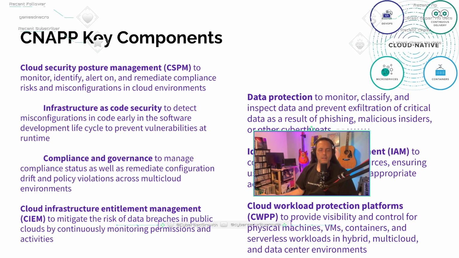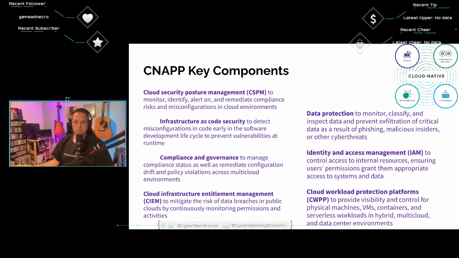The next key component is data protection to monitor, classify, and inspect data and prevent exfiltration of critical data as a result of phishing, malicious insiders, or other cyber threats. The fourth key component of a CNAPP is identity and access management to control access to internal resources, ensuring users' permissions grant them appropriate access to systems and data.